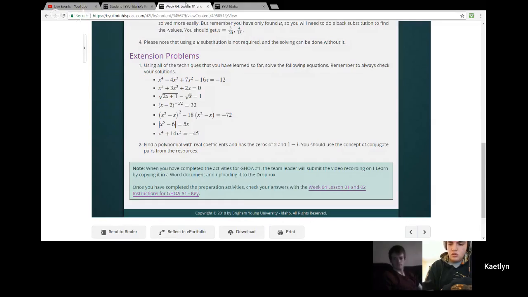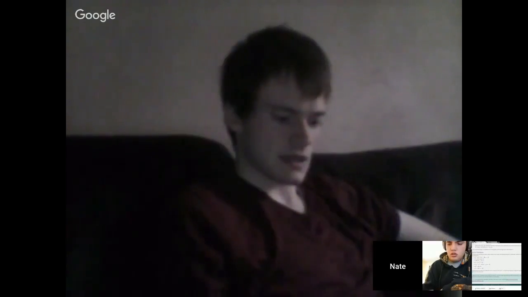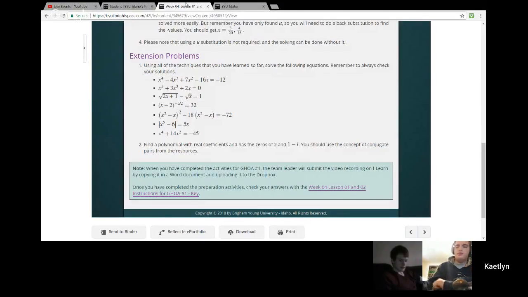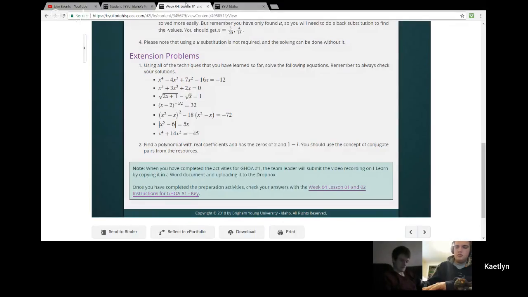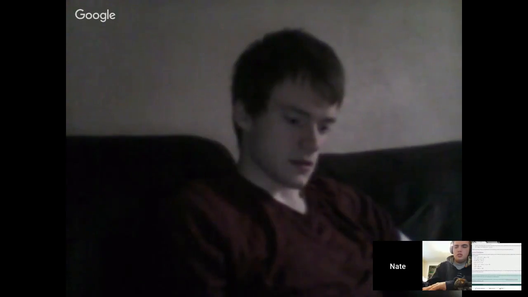You just have to square the whole side to get rid of that. So then it would be 2x plus 1 minus x minus 1 equals 0. So then you just have x, which still equals 0.